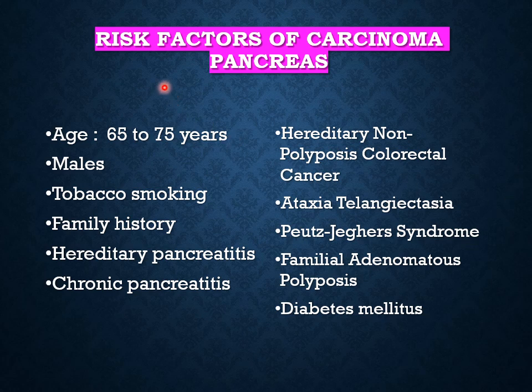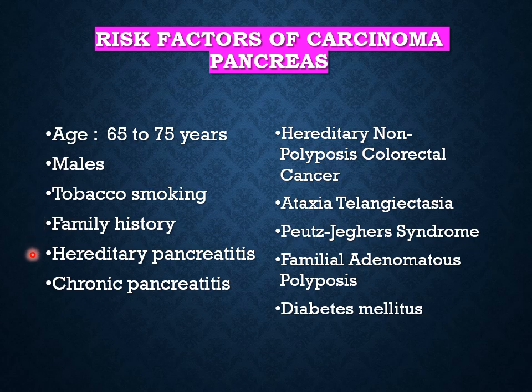What are the risk factors for carcinoma of the pancreas? Age is a very important factor. It usually occurs in elderly people above 65 years of age. Males are more commonly affected. Cigarette or tobacco smoking is a predisposing factor. There is a higher family history in such cases.